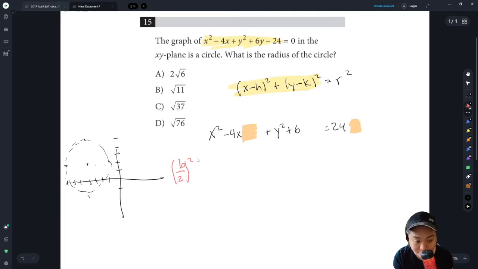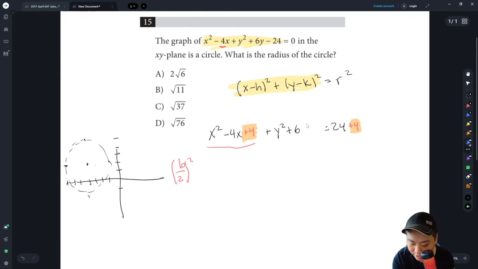Make sure you remember that one, because it's not just important for circles, but parabolas as well. Now, our b value is going to be the coefficient in front of the x term for this left-hand side. And so we go 4 divided by 2, which is 2, squared, 4. So the number we're adding is 4. And the golden rule of algebra says if you do it to one side, you do it to the other.